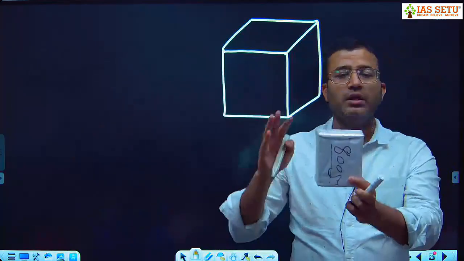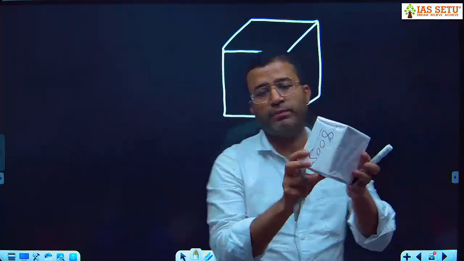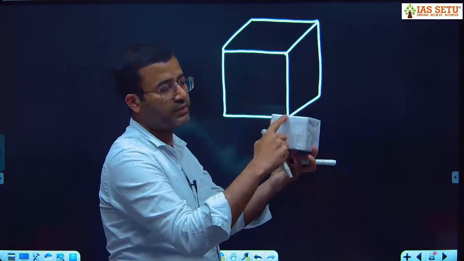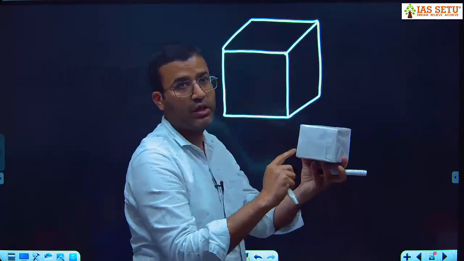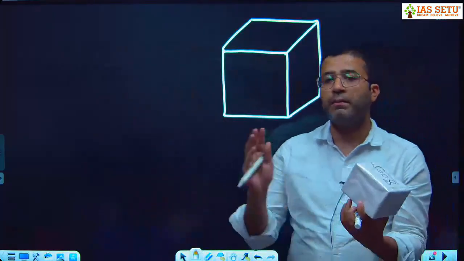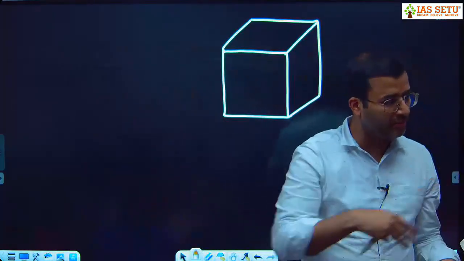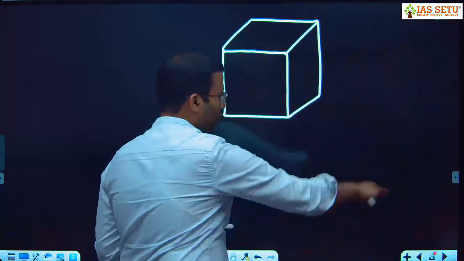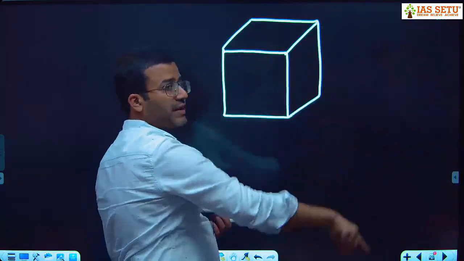See here, in this cube, you can say this is length, this is breadth, this is height. Like this room, although it is not a perfect cube shape, but in a room we have length, breadth, height. इस dimension को length मान लो, this dimension you can take breadth of this room, and this dimension you can take height of the room.